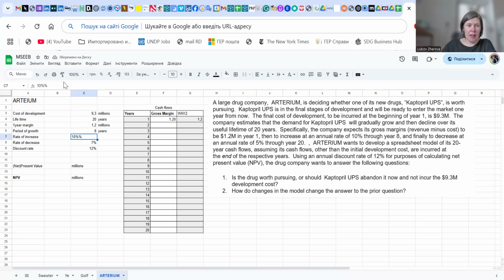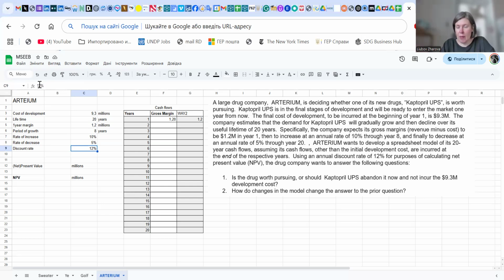Then they assume that after this something can change on the market, new drugs, new generations of drugs, new competitors, so the rate of return will decrease every year by 5%.